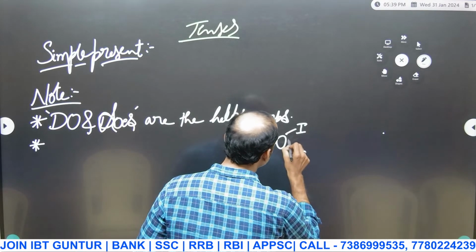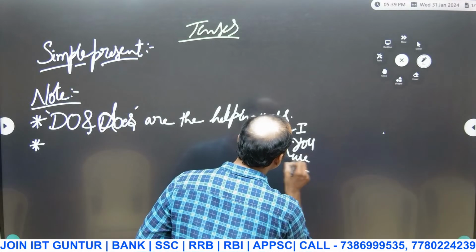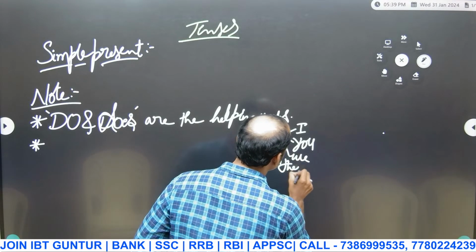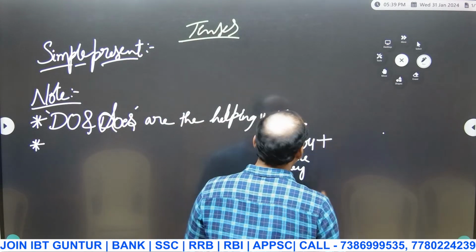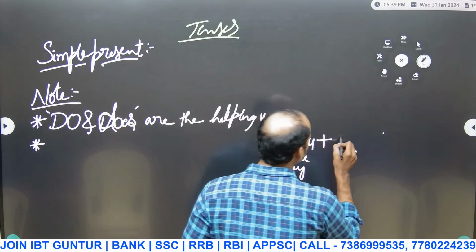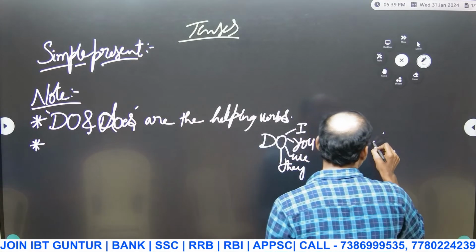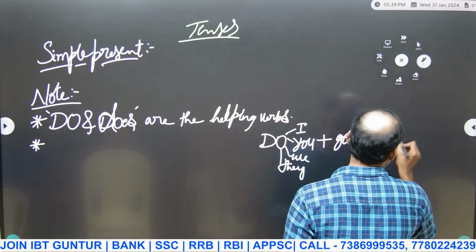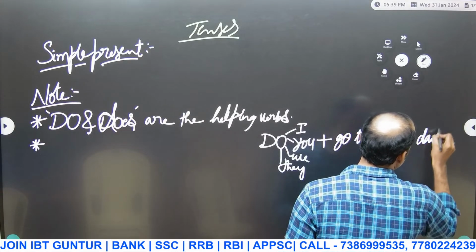We should use I, you, we, and they are the pronouns. Do you go to temple daily?